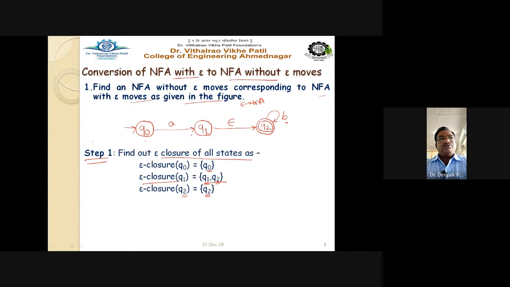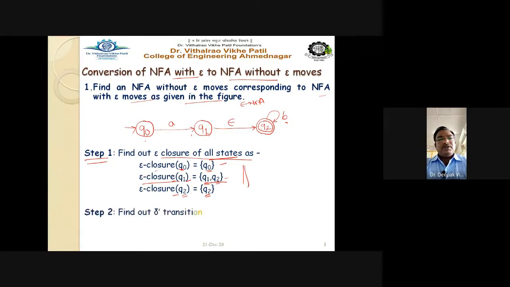This is the first step while converting ENFA to NFA without epsilon: find the epsilon closure of all states. ε-closure of Q0 is Q0, of Q1 is Q1, Q2, and of Q2 is Q2. The first step is over.